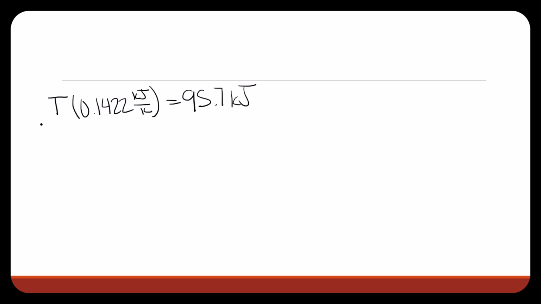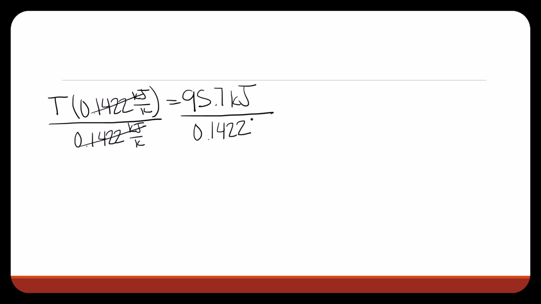All right, so to get temperature by itself, I'm going to do the inverse. I'm going to divide by 0.1422 kilojoules over Kelvin. Whatever I do to the left side, I also have to do to the right side. So on the left side, all we have is T. And notice our units here. I've got kilojoules on the top, kilojoules on the bottom. I'm left with just the unit of Kelvin, which is good news because we're solving for temperature.